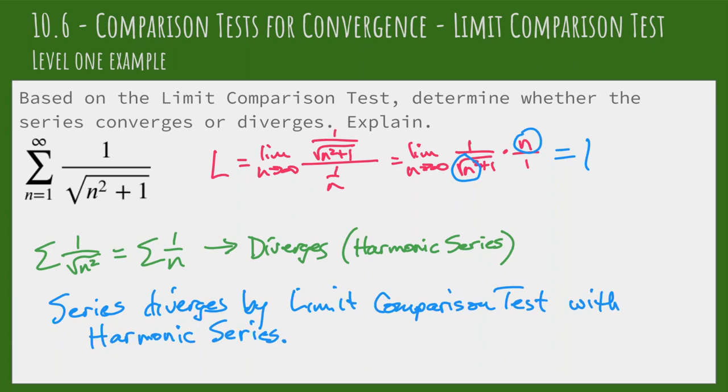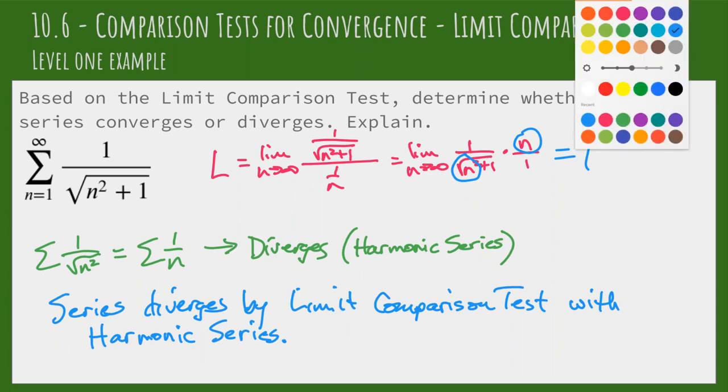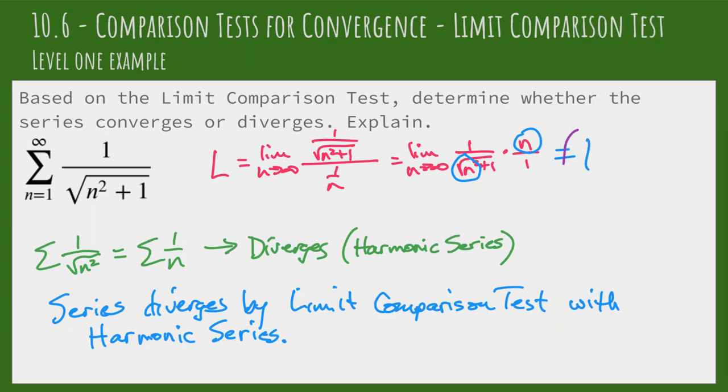I do want to point out that the limit comparison test works as long as this limit right here is any non-zero finite constant. However, when we make our choice for the comparison series, usually we're going to choose one where that limit is 1. However, if, for example, we got a 2 here, I would still use the harmonic series for this.